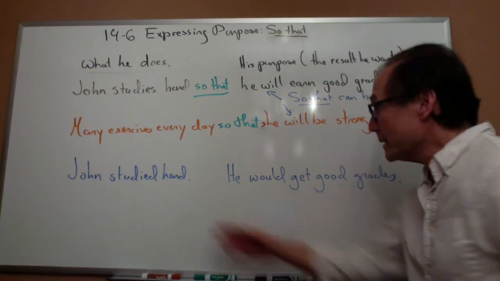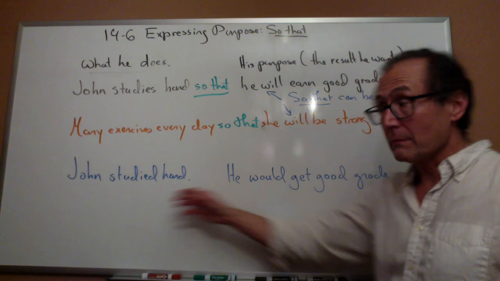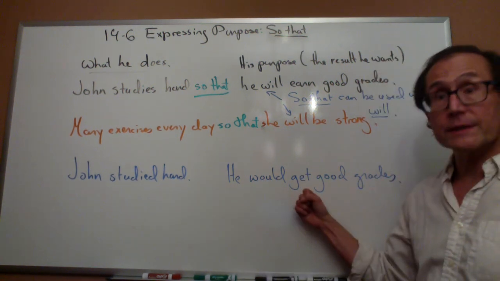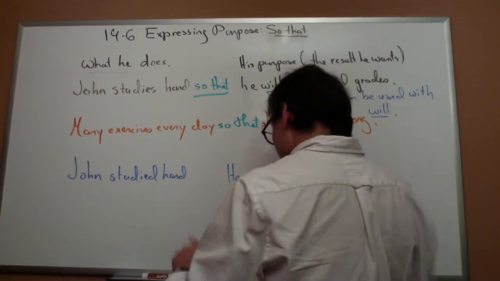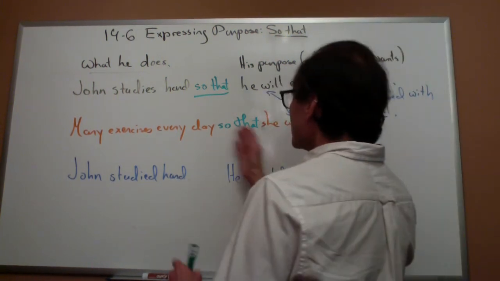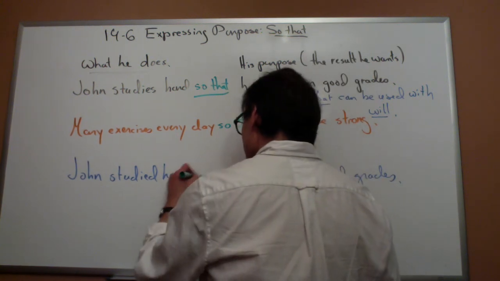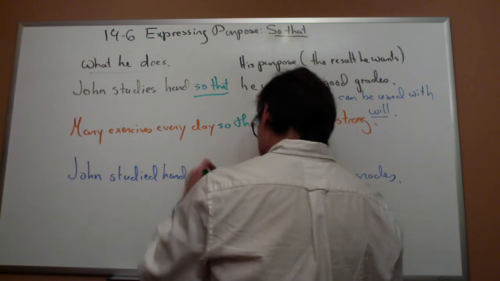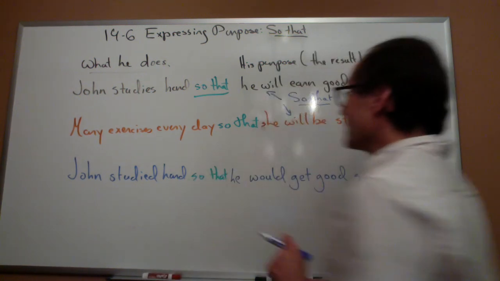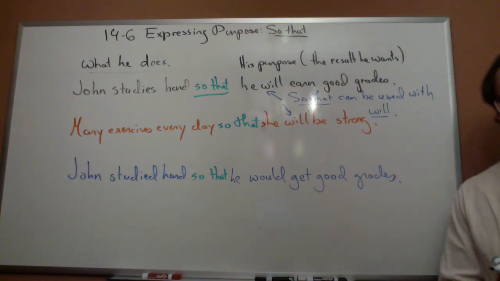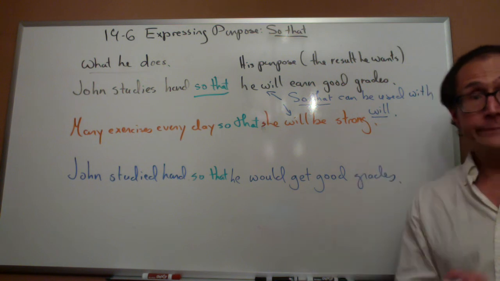Again, this is what he did, and this is the result that he wanted, or this is his purpose. So, again, I can join these two, also using so that. So, John studied hard so that he would earn good grades. And that's how I say it if it happened in the past.